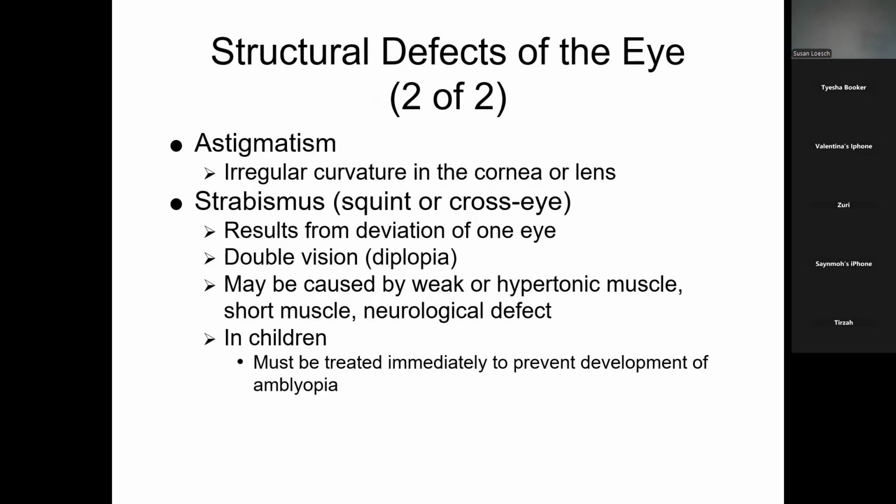This develops when, with strabismus, the brain continually suppresses the image from that deviated eye. As a result, the eye doesn't get the stimulation it needs and it doesn't develop normally. And we call it a lazy eye. So we'll patch the strong eye, or we'll put atropine drops in the strong eye to make the weak eye work.